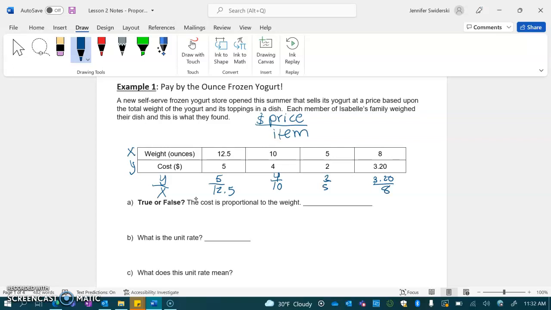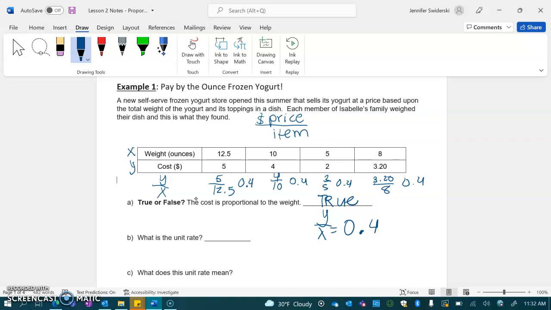If I take my calculator and divide each of these, you're going to get 0.4, which, if you think about that in money, is 40 cents. So true or false, is the cost proportional to the weight? True. And the reason why is because it is my y over my x, and that equals 0.4.